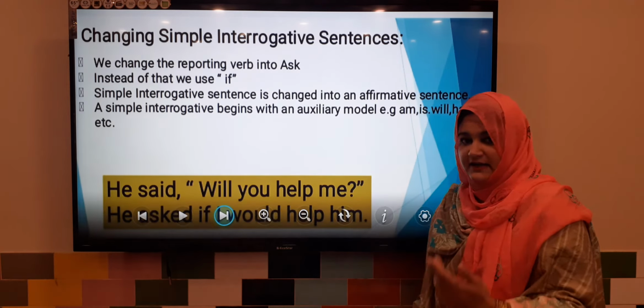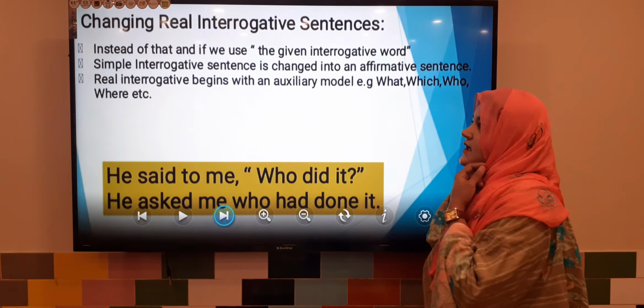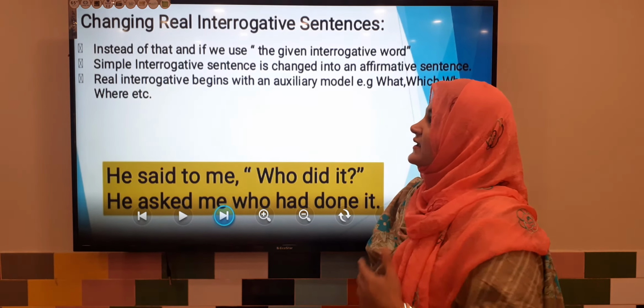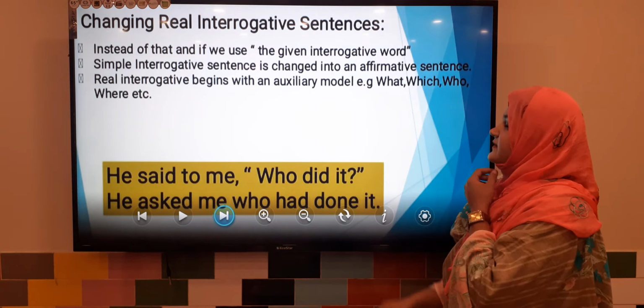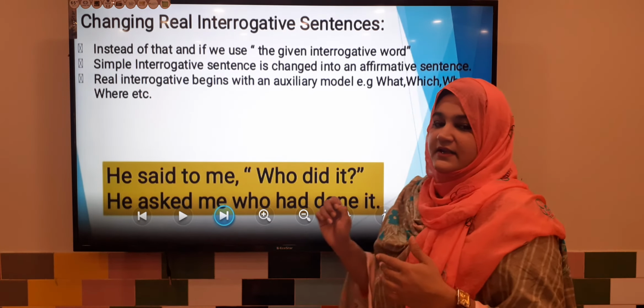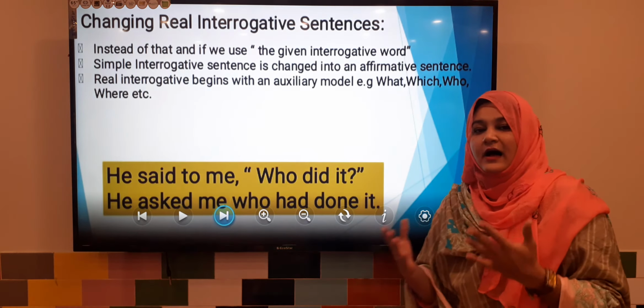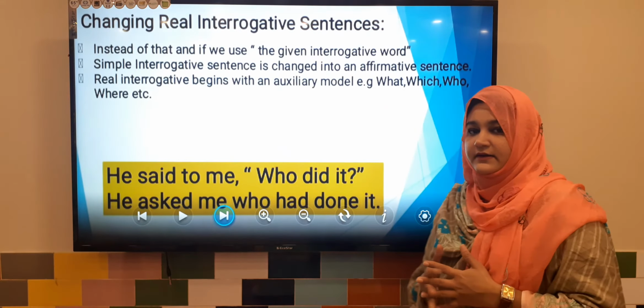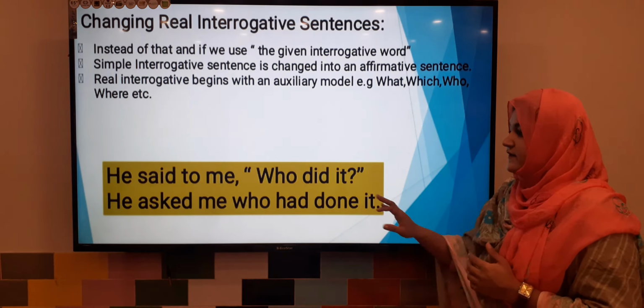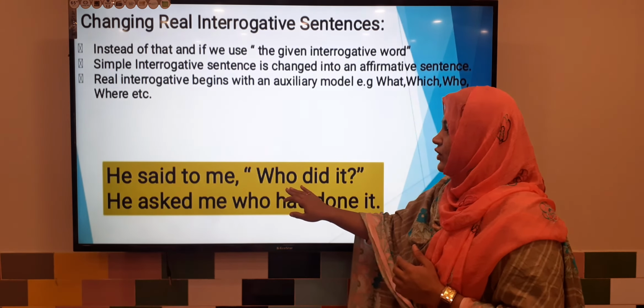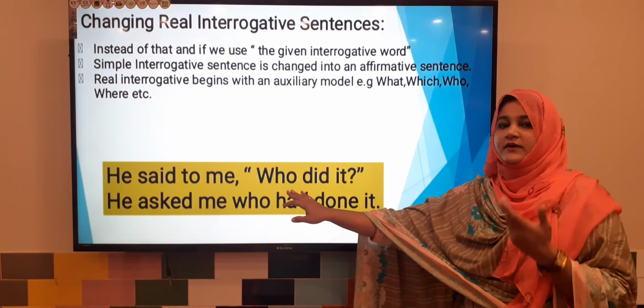Now come to the last, real interrogative sentences. Real interrogative sentences always begin with WH questions. How, what, where, these are the WH questions. So all real interrogative sentences always start with how, who, what, whatever.